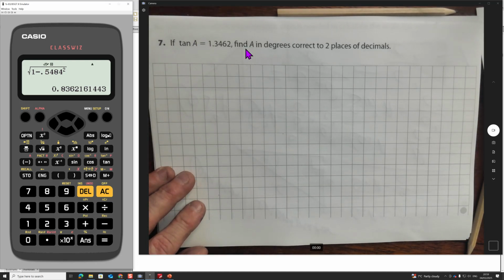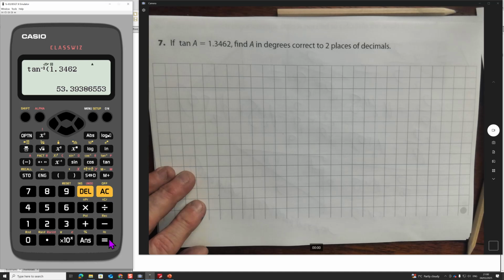If tan is this, find A in degrees. So that's straightforward. That is just a straightforward application of shift tan. I was turning it on and off. I didn't know that that happens. Look, on. Oh, it's getting slow. Off, on again. Okay, when I click it, it seems to get on again. Okay, inverse tan 1.3462.